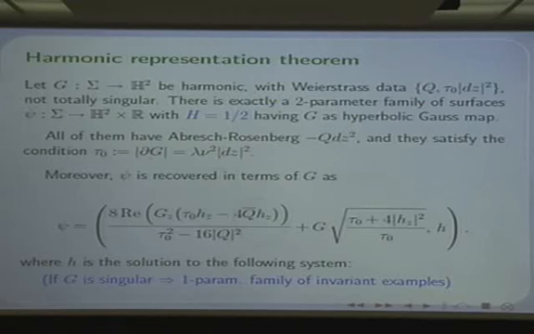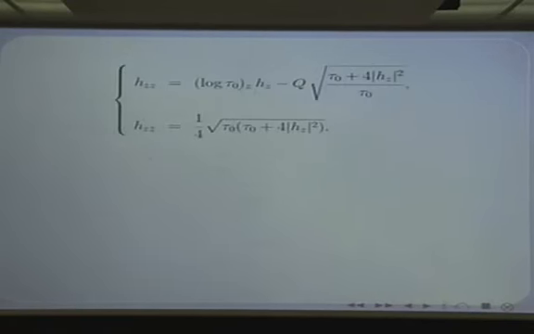But the Hopf differential and the tau zero metric are already known in terms of G, so these are known objects. So you still need to see what H is in order to describe everything. And this height function H is actually a solution to this system of PDEs that you have here. In this system, H is the unknown, and the coefficients are again tau 0 and Q. So just by the Gauss map, you can write this system.